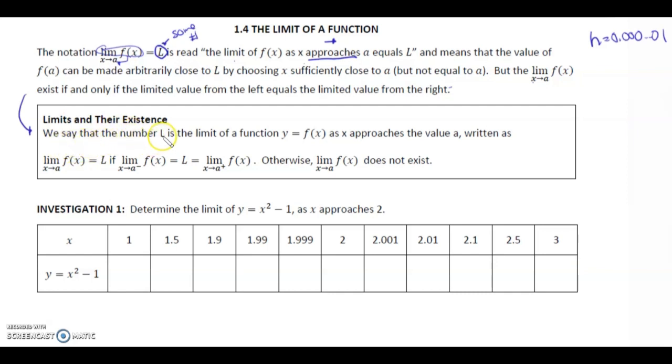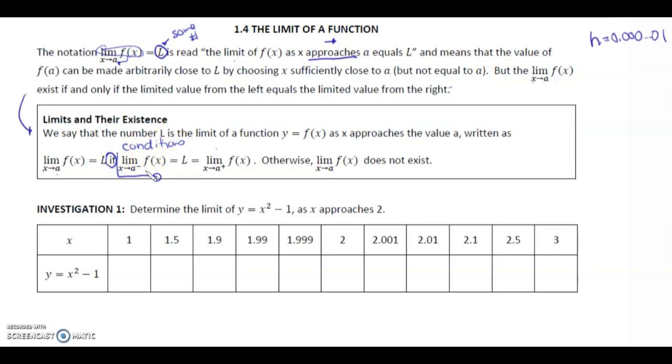We say that the number L is the limit of a function y equals f of x as x approaches the value of a, written as the limit as x approaches a of f of x equals L, if the following conditions hold.